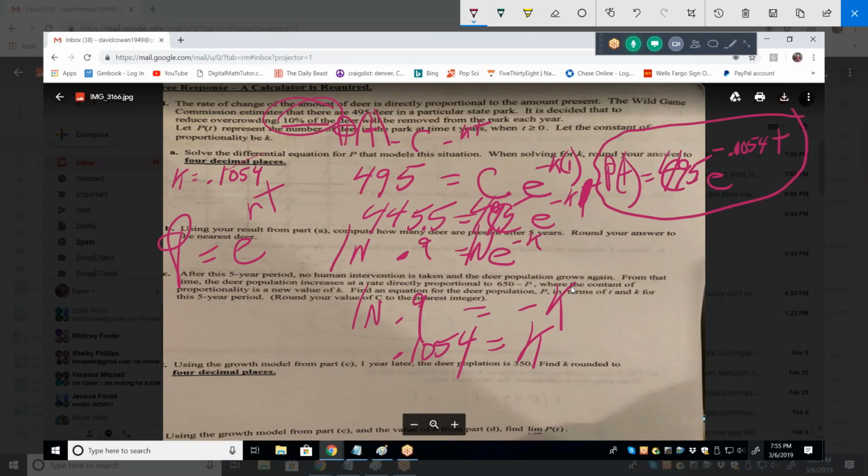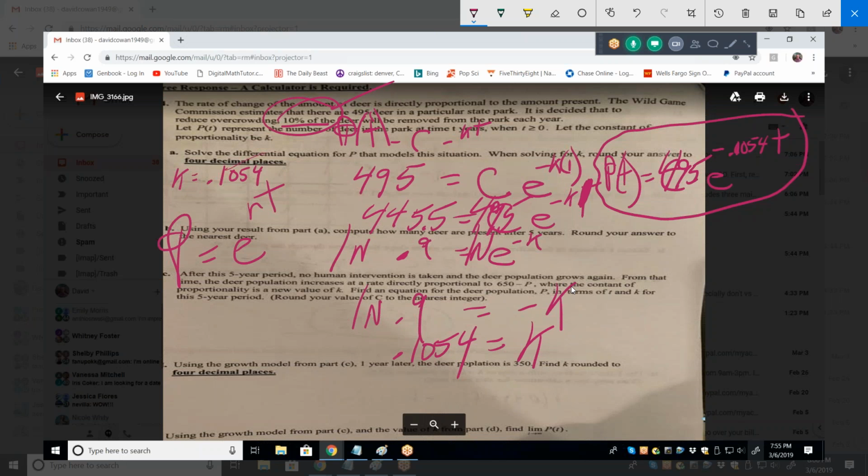This problem seems exactly perfect for 10% radioactive decay. You're losing 10% of the deer every year, which means the rate of change is directly proportional to the amount present, right? Correct. I'm going to lose 10% the first year because there's 495 present.